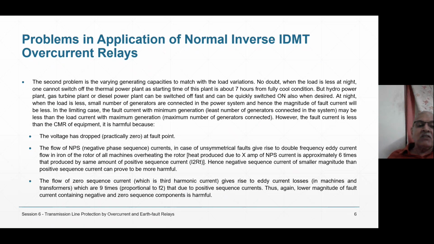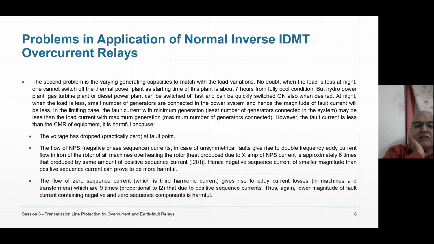One reason is that at the point of fault, voltage drops to practically zero, so the consumers after the fault are not fed by electricity. That is wrong.